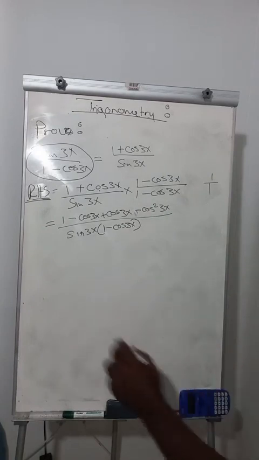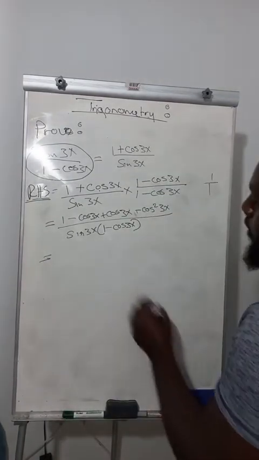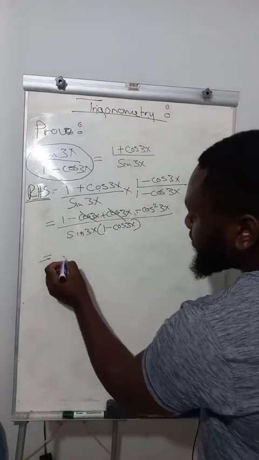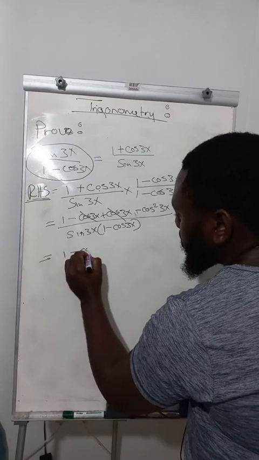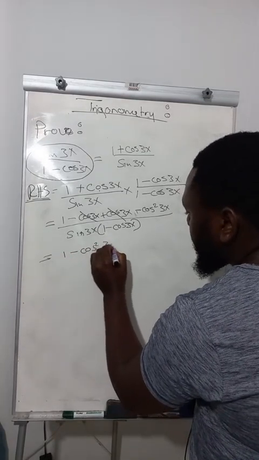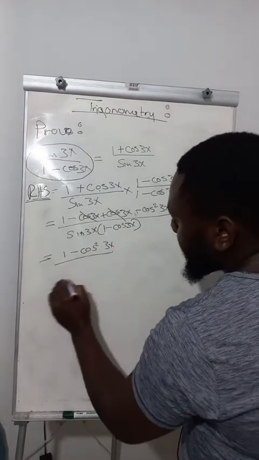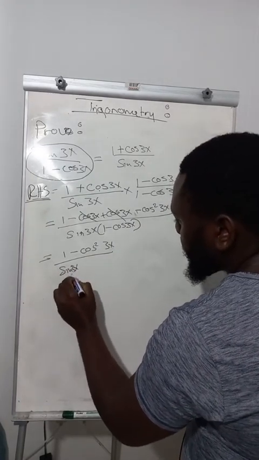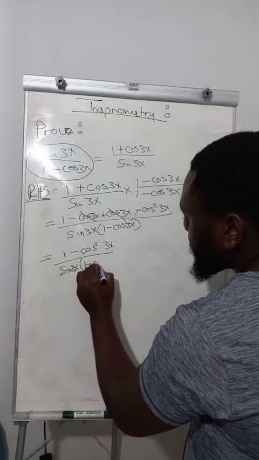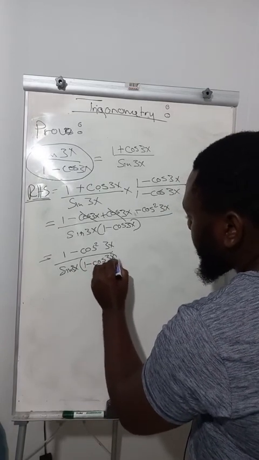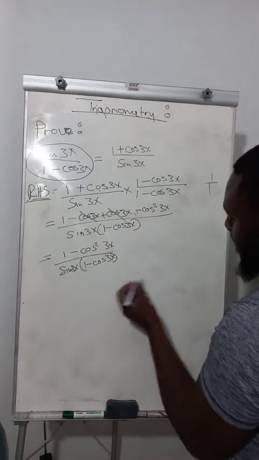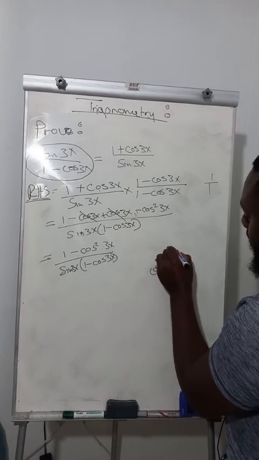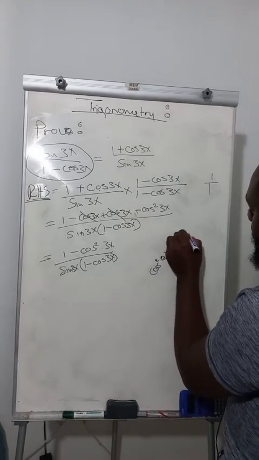So after getting this, this and this will just cancel themselves out, and then you'll be left with 1 minus cos squared 3x divided by sine 3x into 1 minus cos 3x. This is taking us back to the identity cos squared theta plus sine squared theta equals 1.